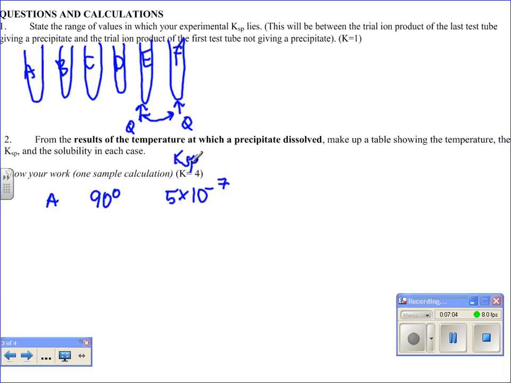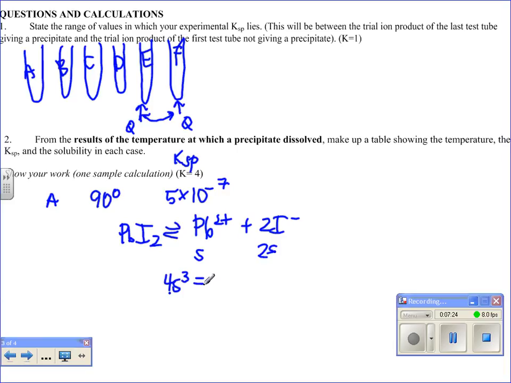Now we can also go one step further and find the solubility from the Ksp, because you know that we're studying this equilibrium. We know that at equilibrium this is S and this is 2S, so we know that 4S cubed is equal to the Ksp.